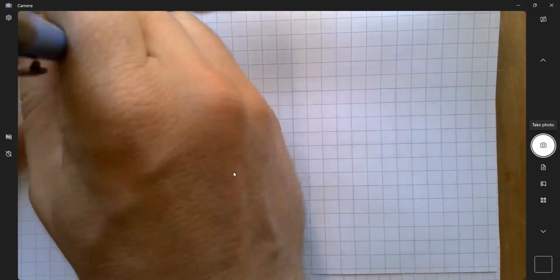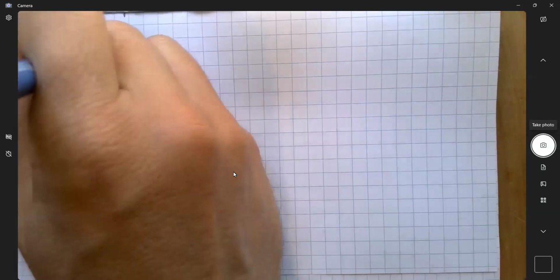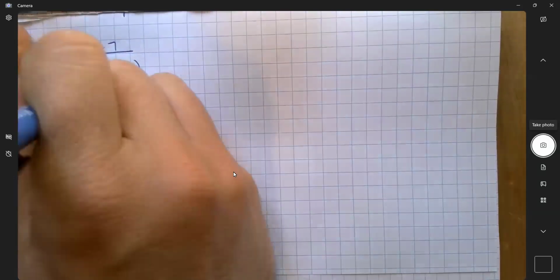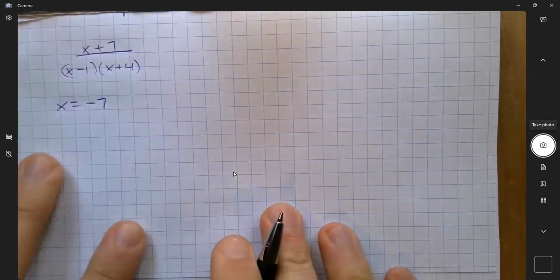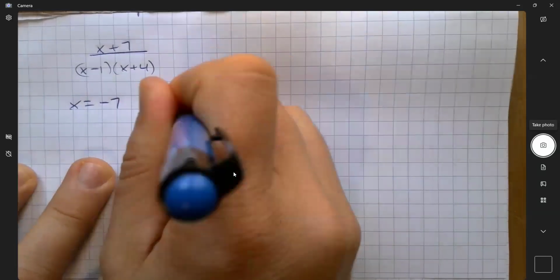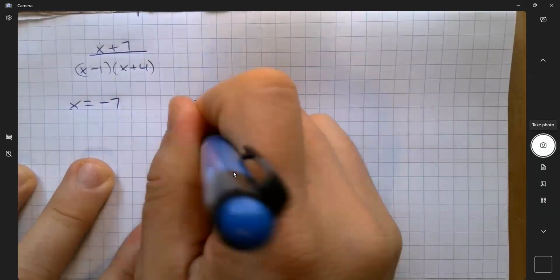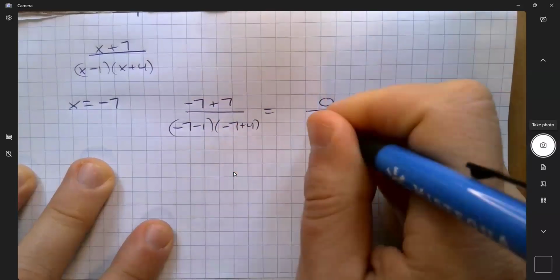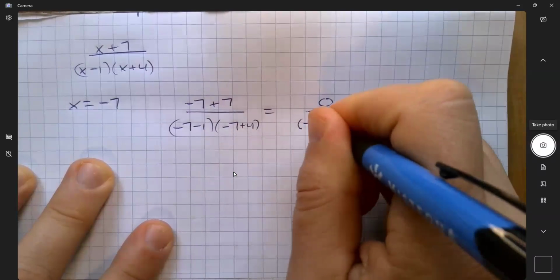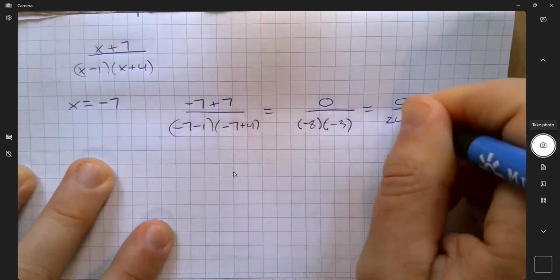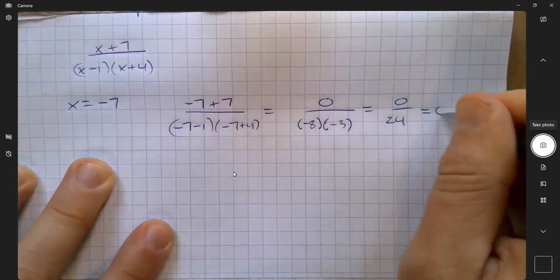My formula was x plus 7 over x minus 1 times x plus 4. So let's try x equal negative 7. That's negative 7 plus 7 over negative 7 minus 1 times negative 7 plus 4, which is 0 over negative 8 times negative 3, which is 0 over 24. 0 divided by a number is 0.